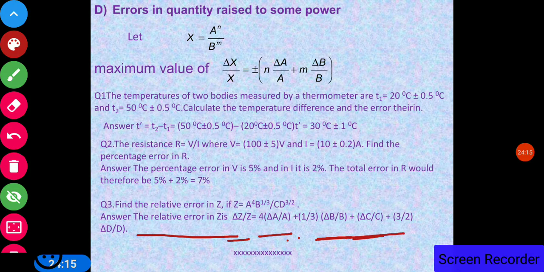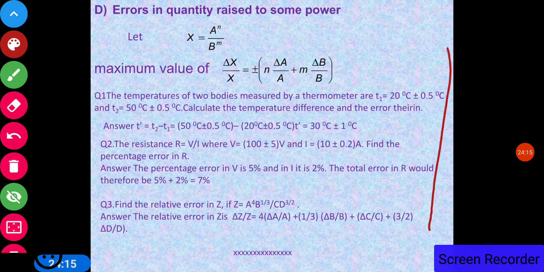So plus del C upon C, then again plus 3 by 2 del D by D. So powers will be multiplied, and whether it is in the denominator or in the numerator, all the relative errors will be added. So in this manner we can find out the relative errors.